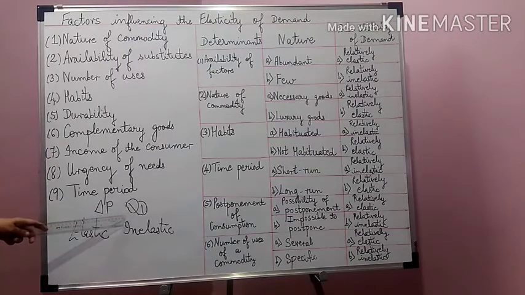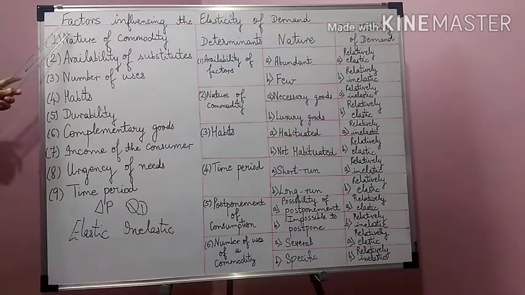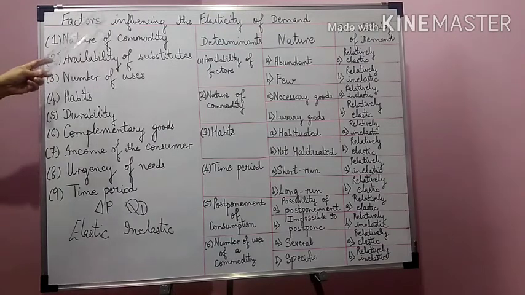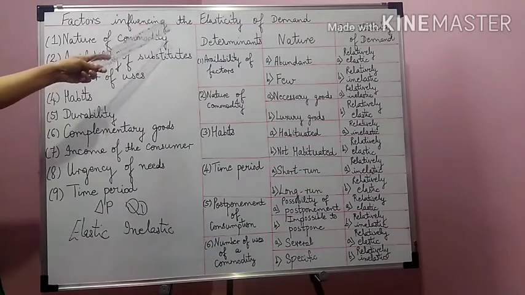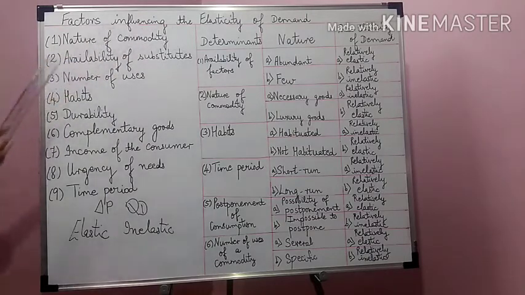If quantity demanded does not respond, does not change, even if price changes, then the elasticity is said to be inelastic, not changing. So these are the important factors which affect the elasticity of demand of a product.